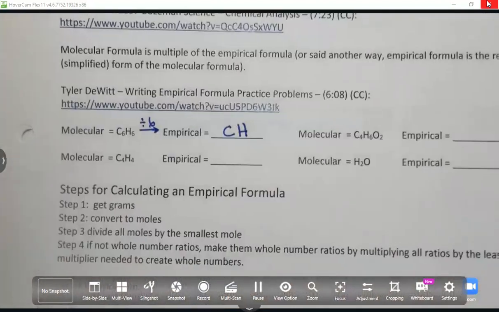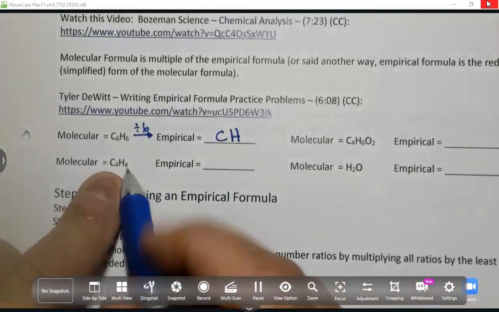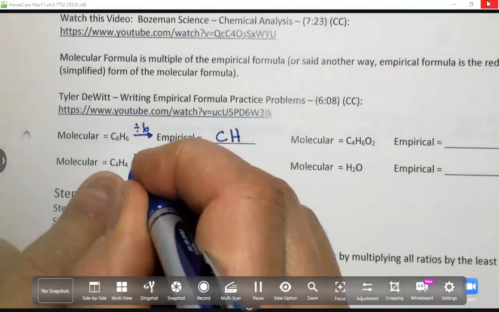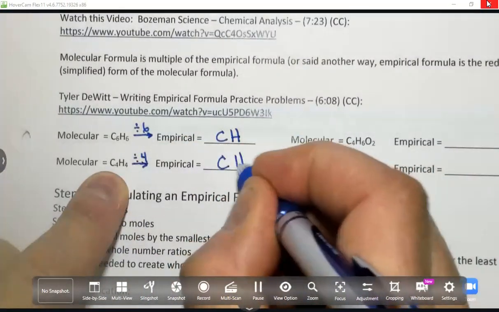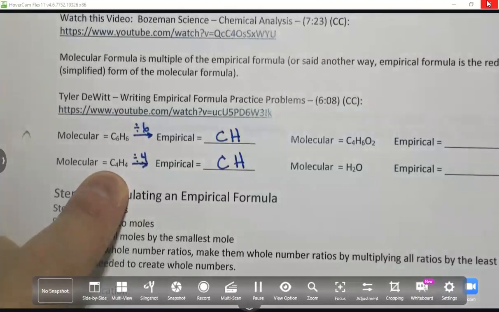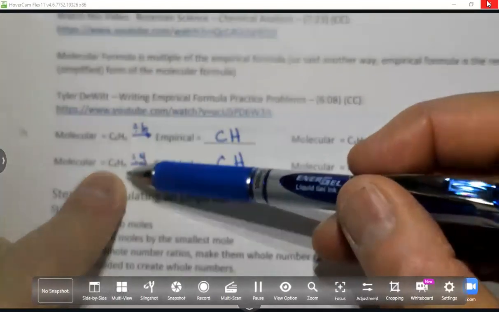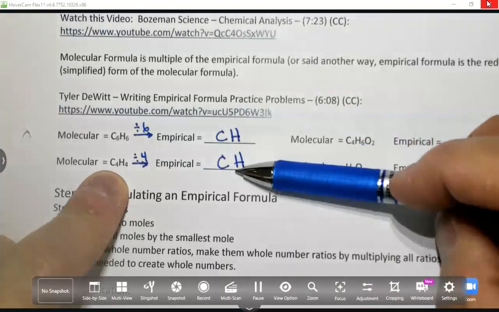So what can I do here? I can simplify this one by dividing by 4, and I get CH again. So notice these are 2 different molecular compounds, but the empirical form is the same.